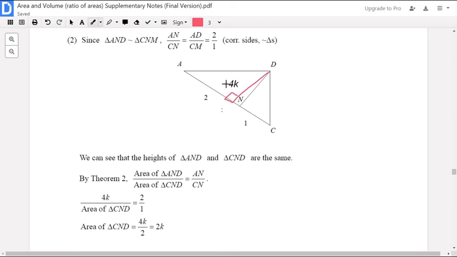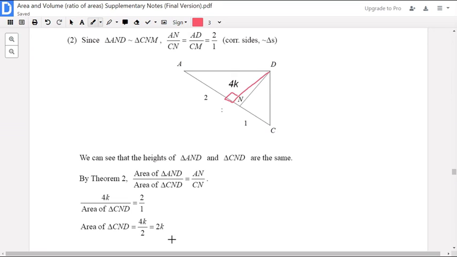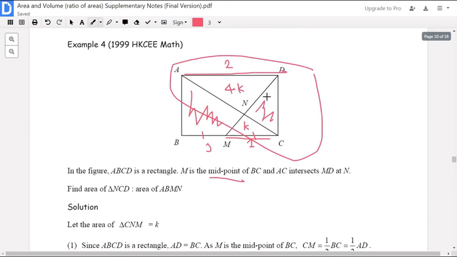And we know that this area is 4K. 4K divided by the area of triangle CND will be 2 to 1. Cross multiplying, the area of triangle CND will be 2K. This part will be 2K. Now go back to the original figure. This part will be 2K.